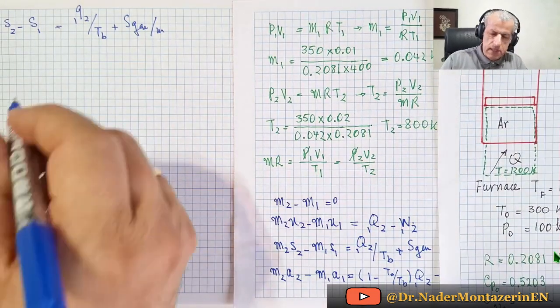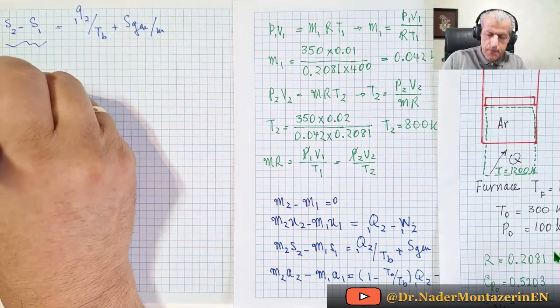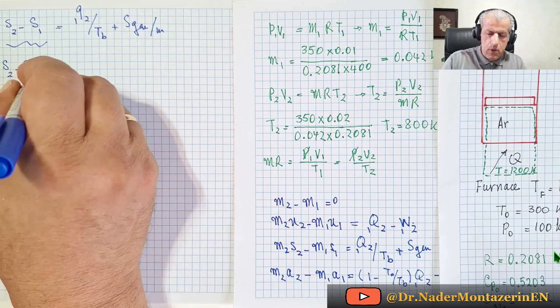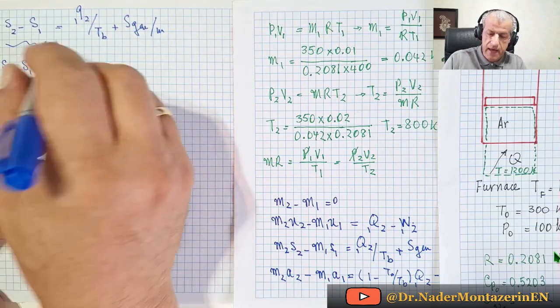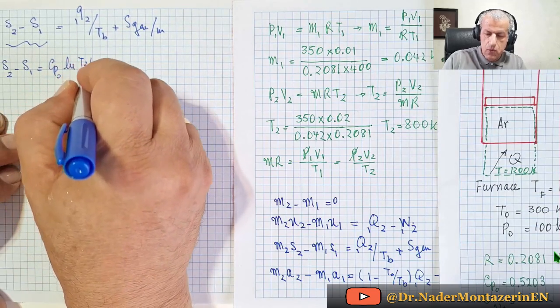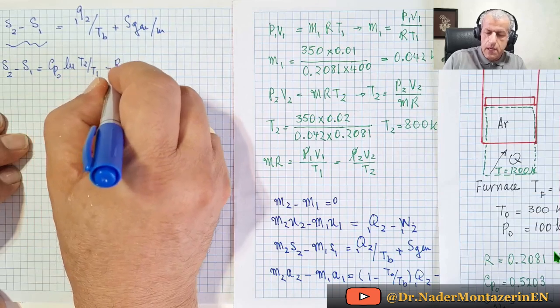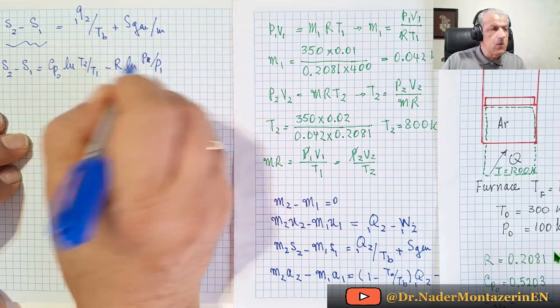S2 minus S1, for perfect gas, this is the equation we have: Cp0 ln T2 over T1 minus R ln P2 over P1.